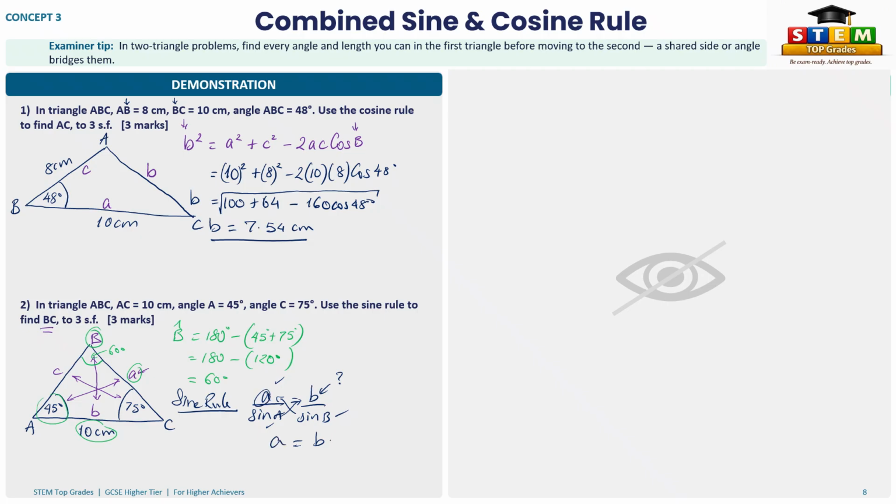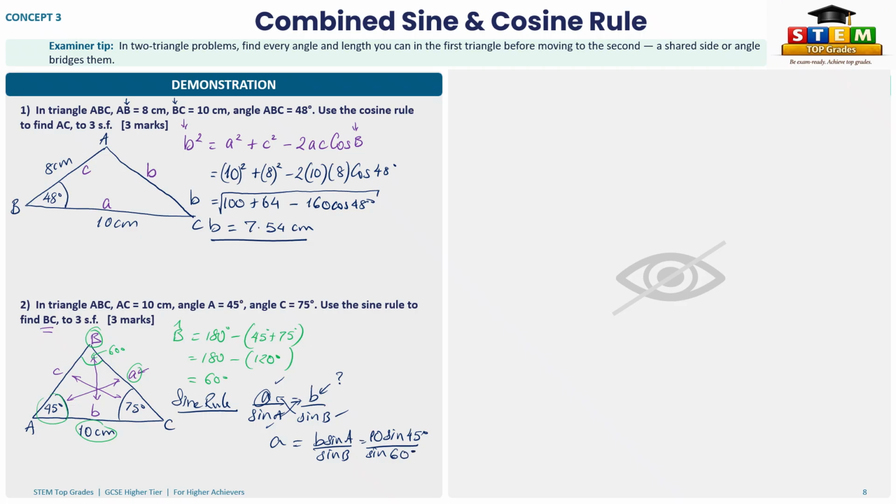So a is equal to b sine A over sine B. What is b? 10. Angle A is 45, so 10 times sine 45 divided by sine B, which is sine 60 degrees.